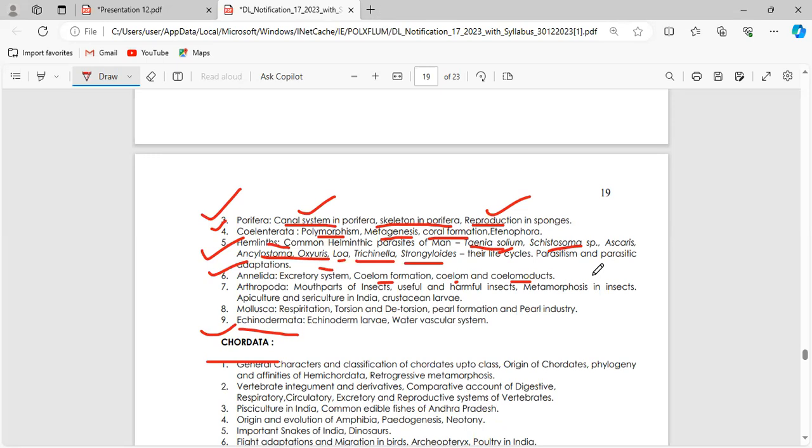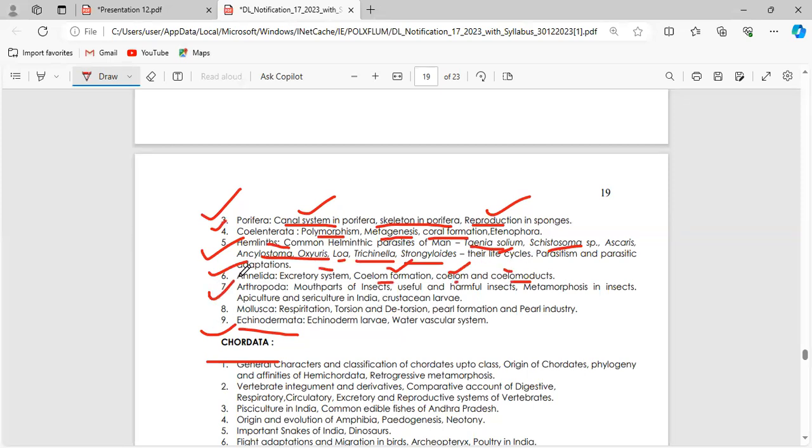We are going to discuss that. And Annelida is known for its metameric segmentation. The metameric segmentation starts from Annelida. The most important thing, metameric segmentation. This metameric segmentation will be discussed elaborately when I teach coelom formation, coelom and coelomoducts.